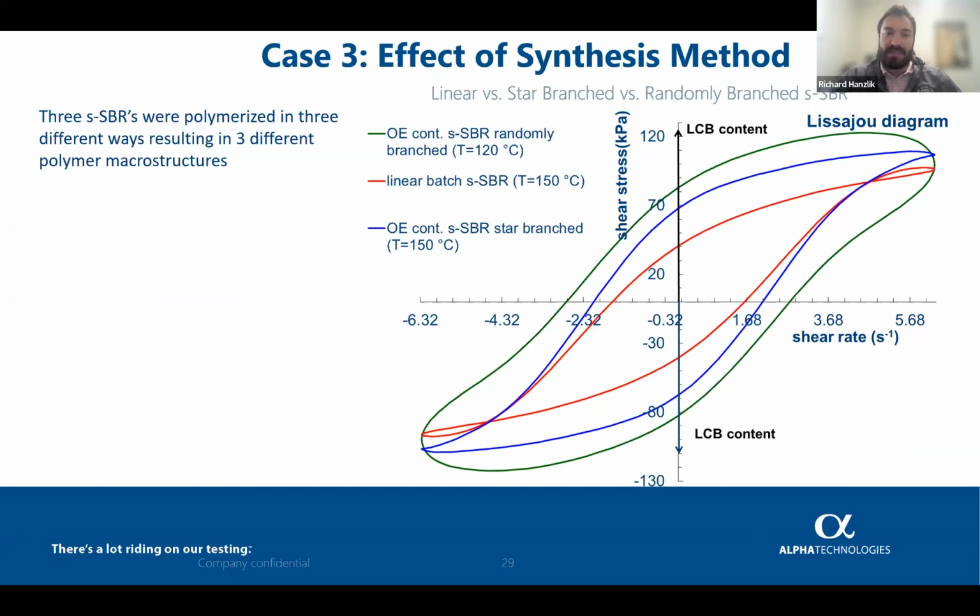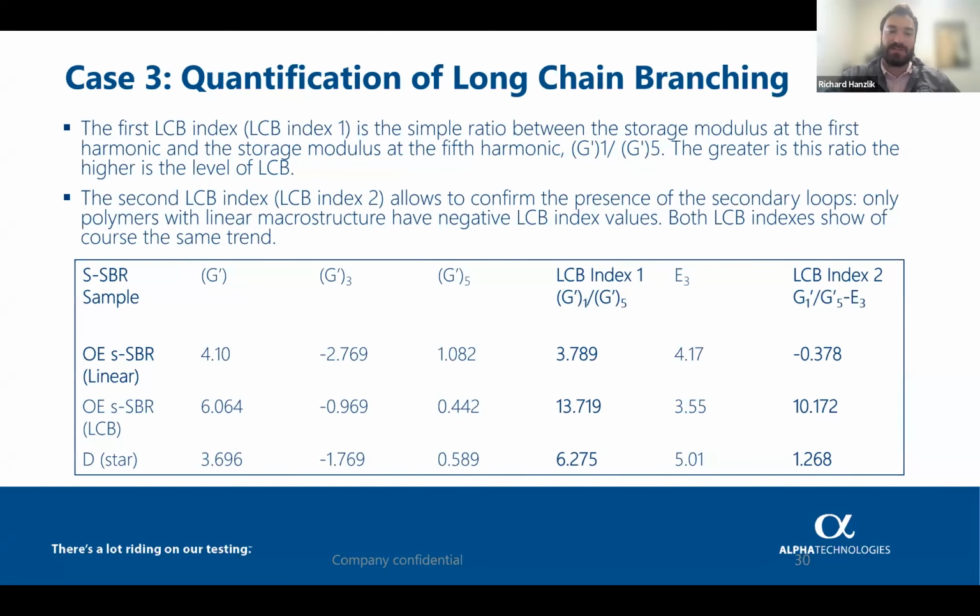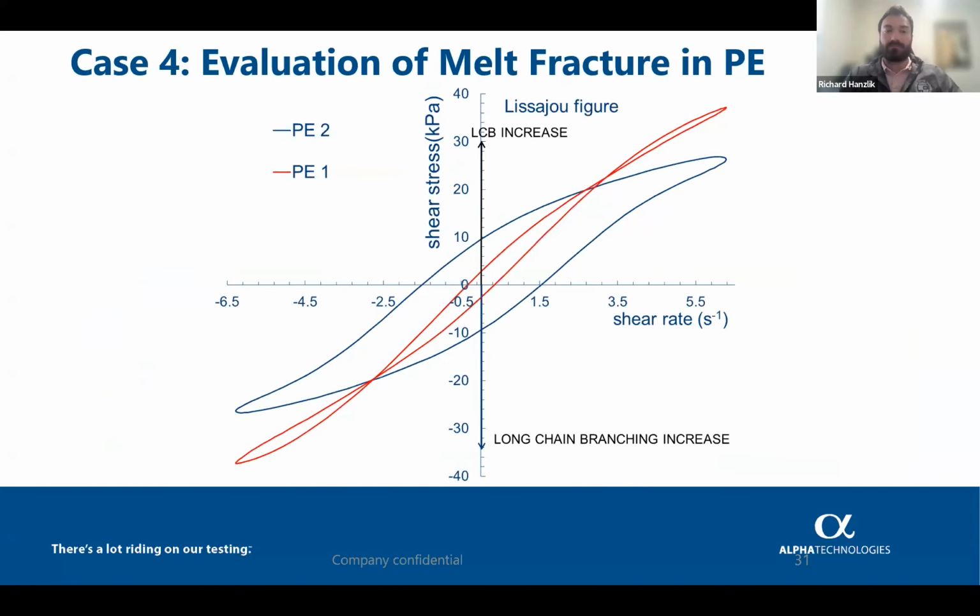And then we've got the OE star branched, which is slightly less branched, which shows by our 1.2 value compared to the 10. So like we said, when we run into that randomly branching scenario, typically you're going to see much higher LCB indexes because you can have branches on top of branches, very long branches, etc.